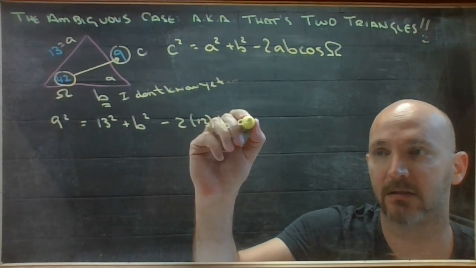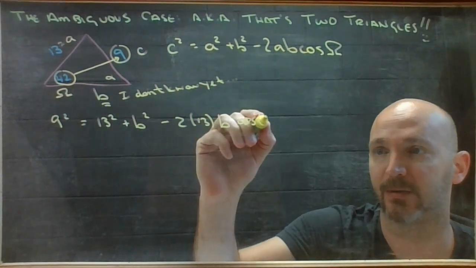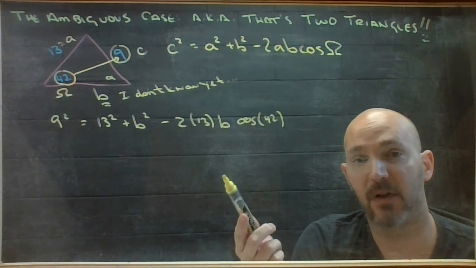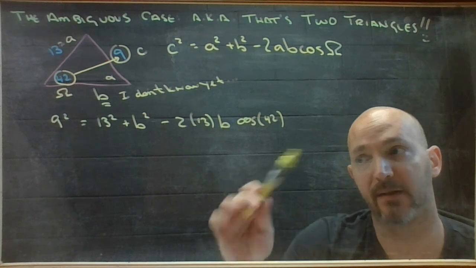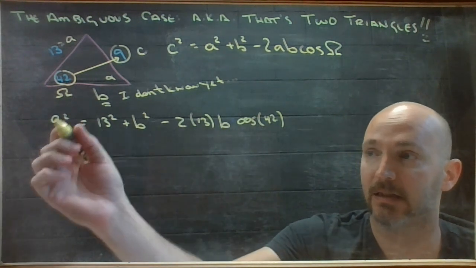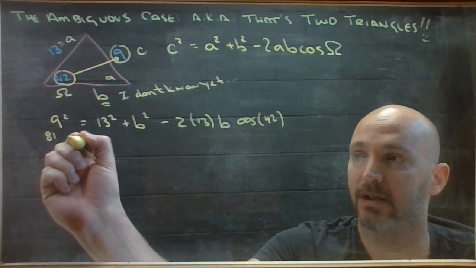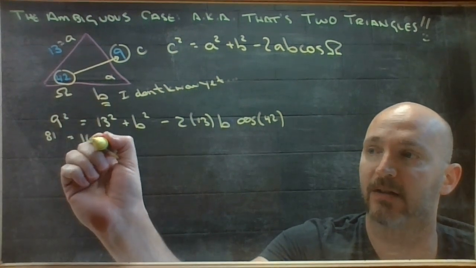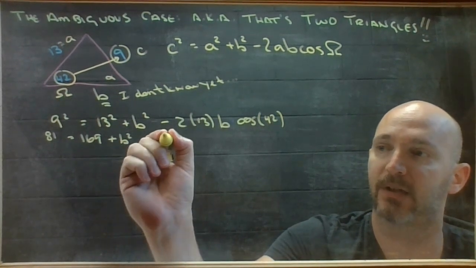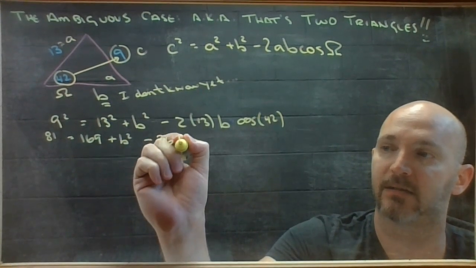And omega is 42. So I've got some squaring and some multiplying and a cosine to evaluate. So I'm just going to do all that in one line because they don't interfere with each other. 9 squared is 81. 13 squared is 169. 2 times 13 is 26.